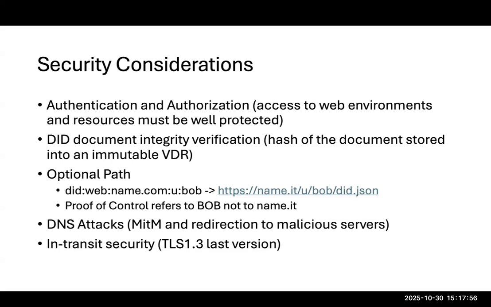They suggest, for example, to have a hash of the document and store it on an immutable VDR. So they are suggesting you can store the hash of your DID JSON file, essentially of your DID document, on a DLT.